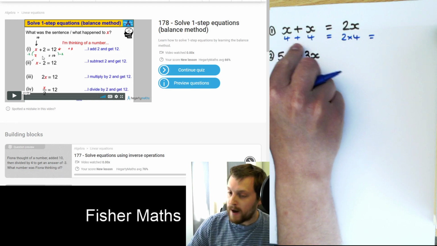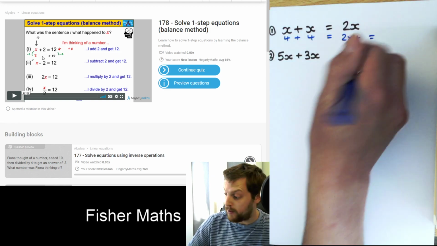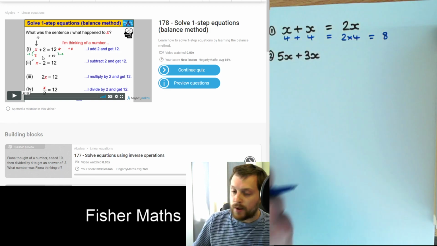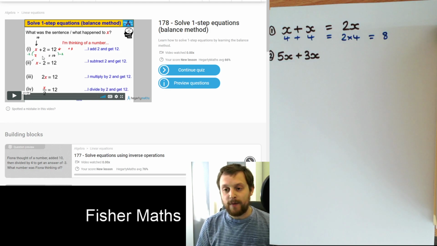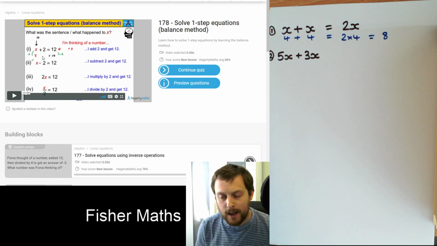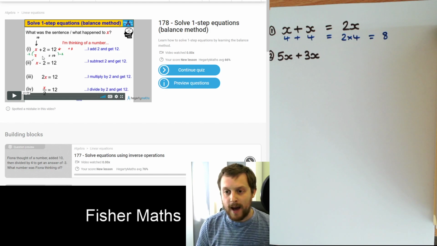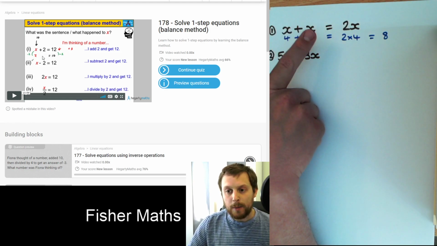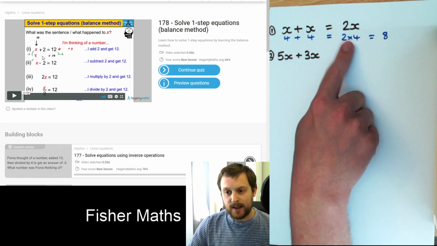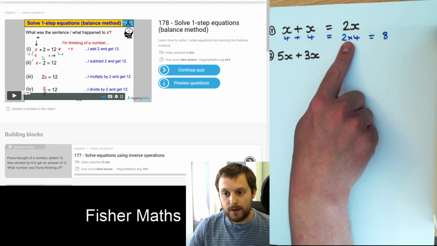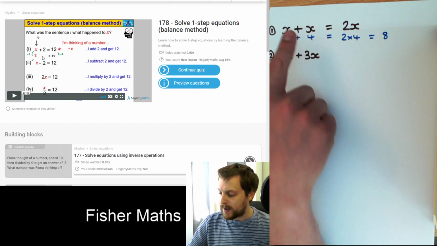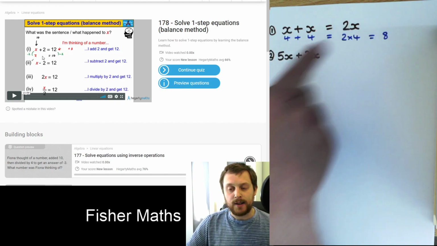And of course 4 add 4 is 8, but also 2 times 4 is also 8. So as soon as I actually put a value in for x, because to begin with x can be anything, adding up 2 copies of the same thing is the same as timesing that number by 2. Right? That's all that's really being said here. x add x is 2x.